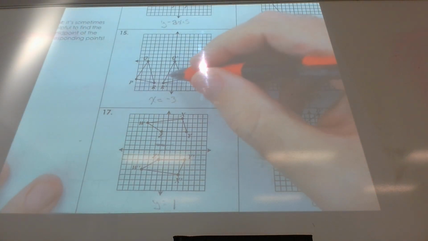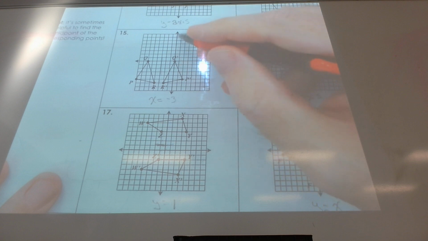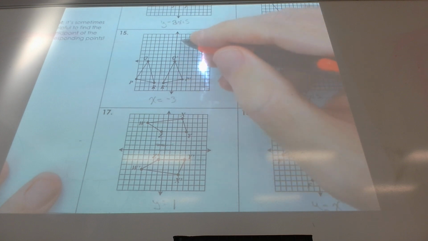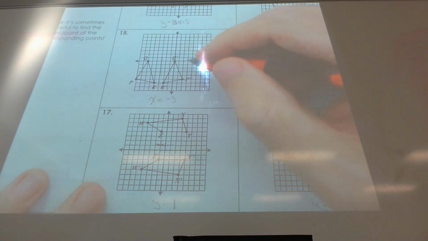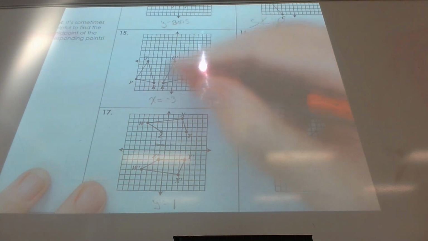Now, for this one, again, I see that it's reflecting horizontally, but the y-axis goes in the middle of this triangle. So it's not going to be over the y-axis. That means it's going to be an x equals line, because x equals lines go vertically.